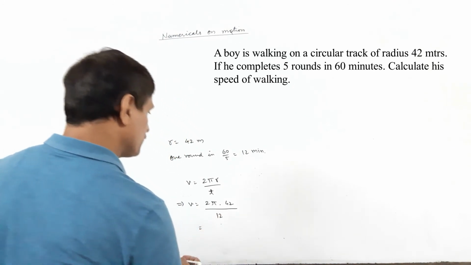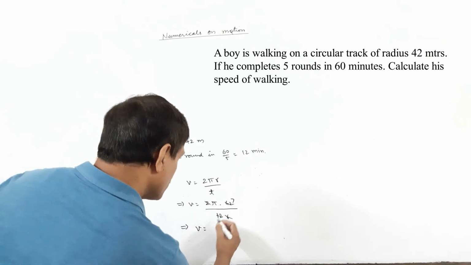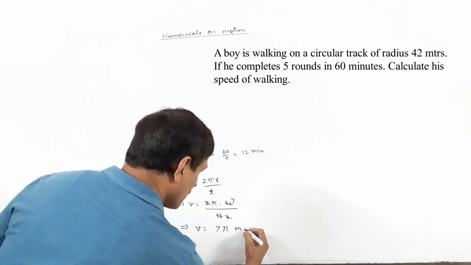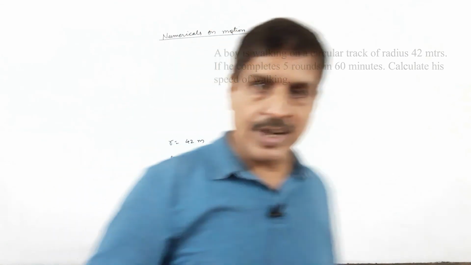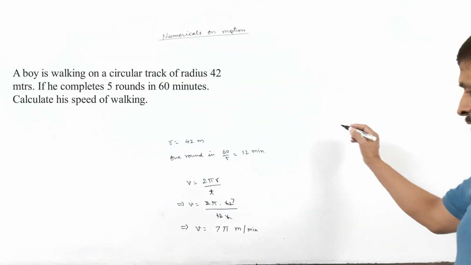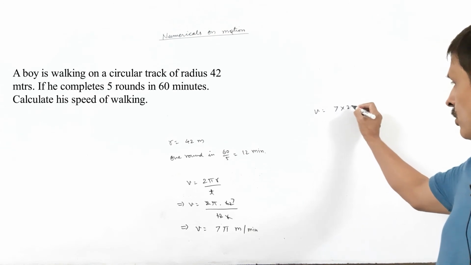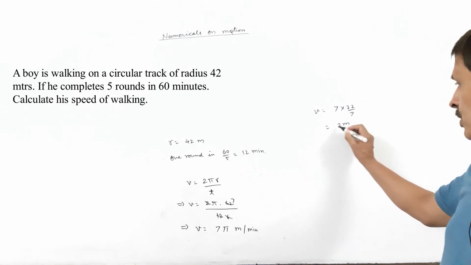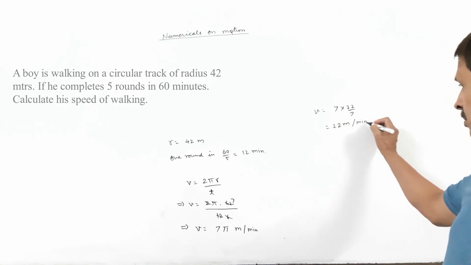That is equal to 7π meters per minute. We can put the value of π as 22/7. So v is equal to 7 into 22/7, that is 22 meters per minute.